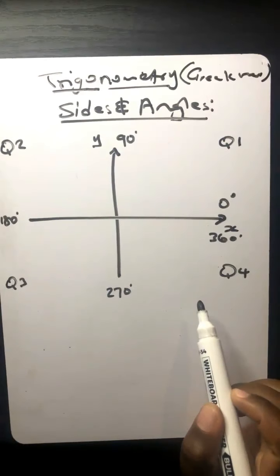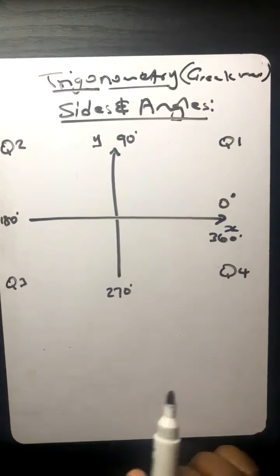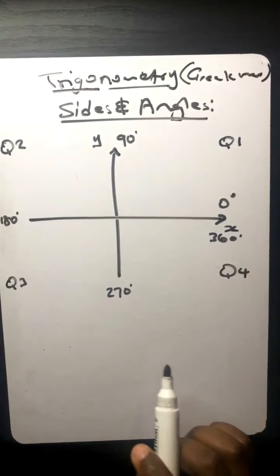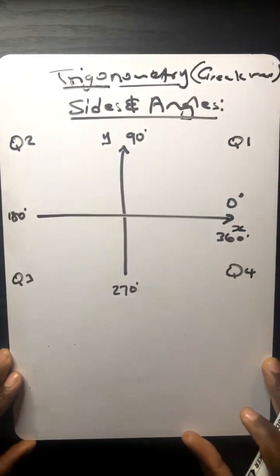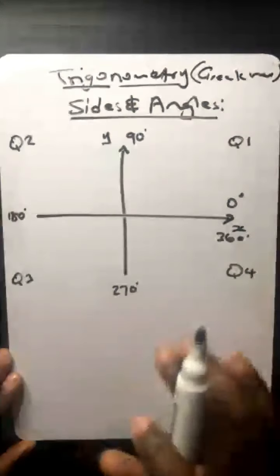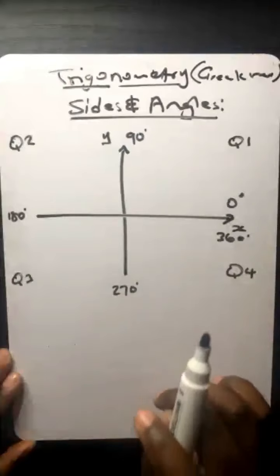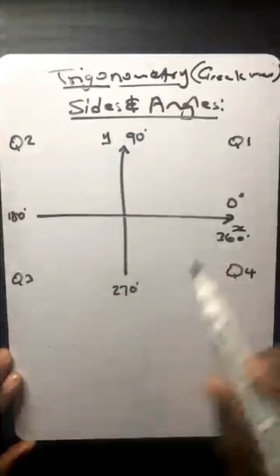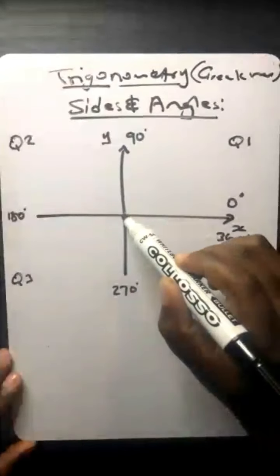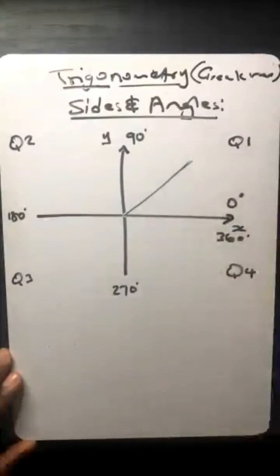So again, before we even go deep, we know very well that we've got what we call a CAST diagram. But for now, let's not talk about the CAST diagram because it's not what I want us to focus on. I want us to focus on a right angled triangle drawn on a Cartesian plane. We know that point is the origin, so we can draw our right angled triangle in the first quadrant.